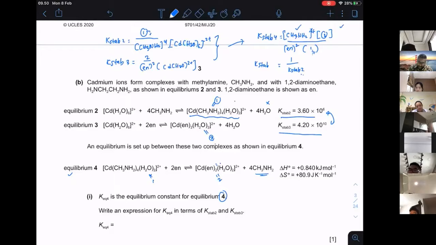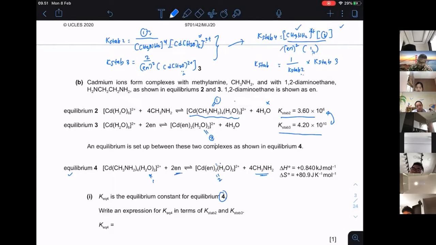Now I need to cancel this one. I can only cancel when I times this with K step 3 directly, because why? This was at the top, this will be at the bottom, they will cancel with each other. And then there is also En2 here as well.